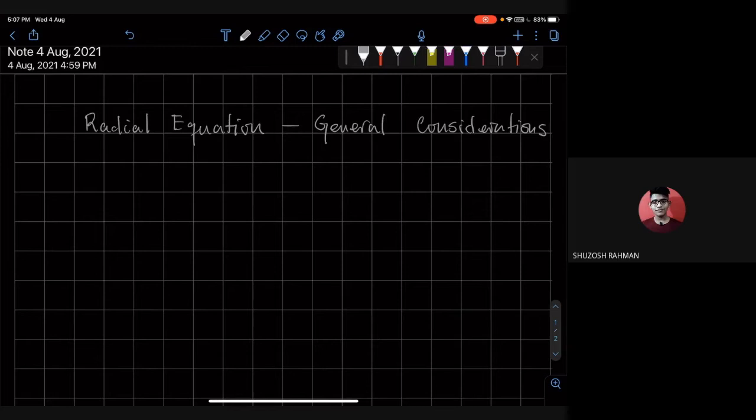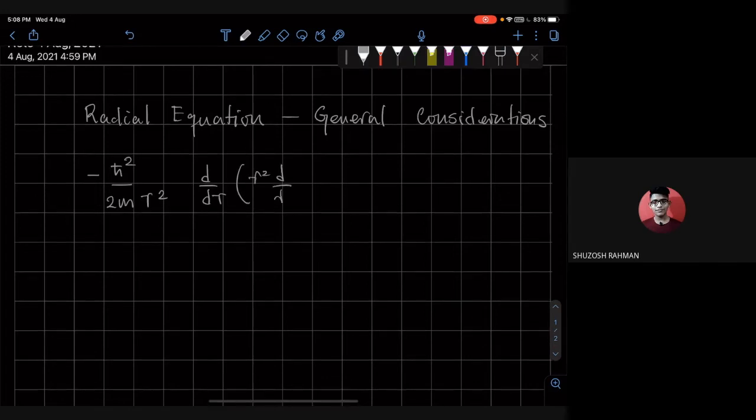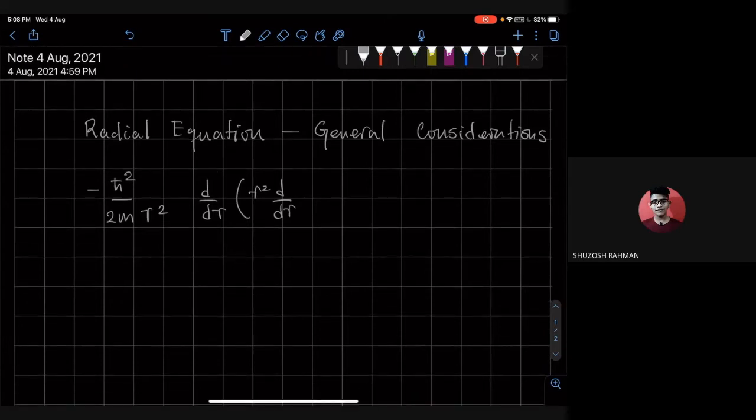Okay, so let's write down the radial part of the Schrodinger equation. There were two terms with derivatives of r, but those two terms can be combined into one term, and that term is h bar squared over 2m r squared, and then there's a d by dr, and inside the bracket there's r squared d by dr. This is how we combine the two terms.